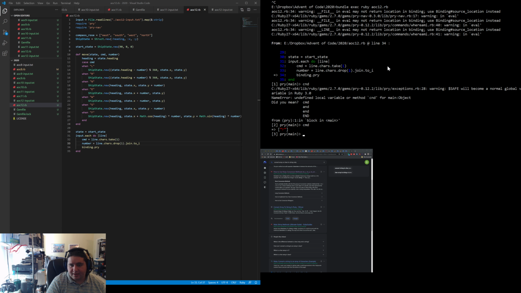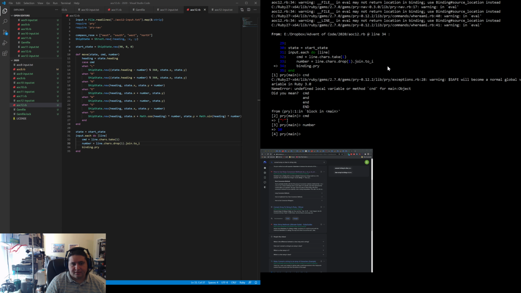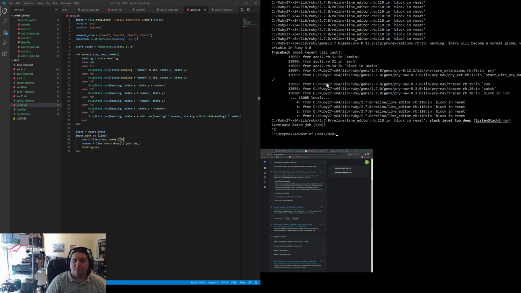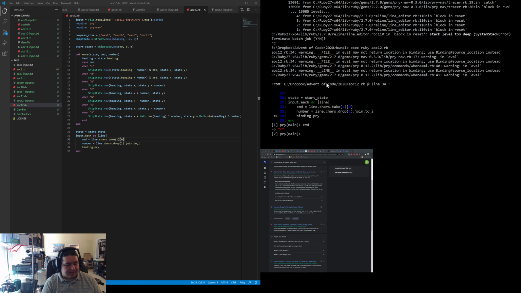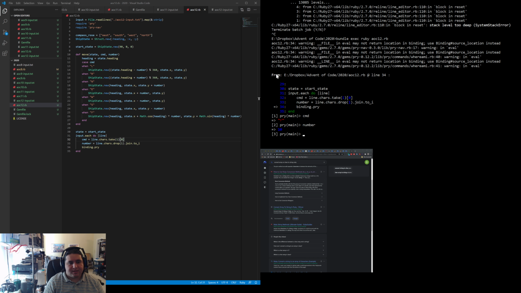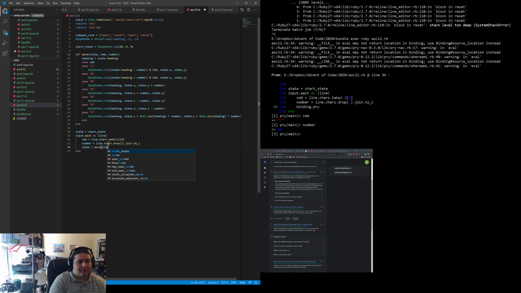So the command is f, number is that. So we've got a command, there is f, the number is 10, that is exactly what I want to start doing. And we just do state equals move of state, command, and number.